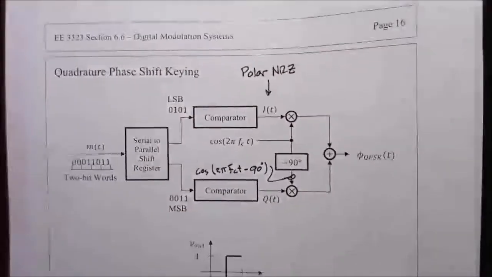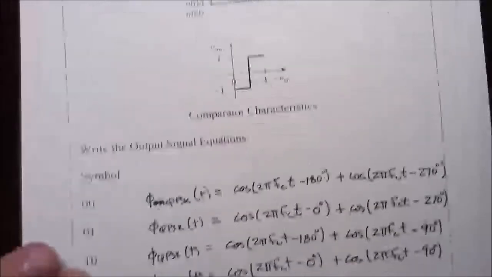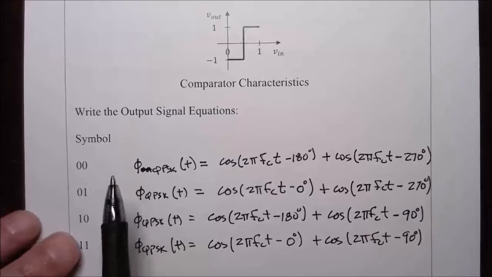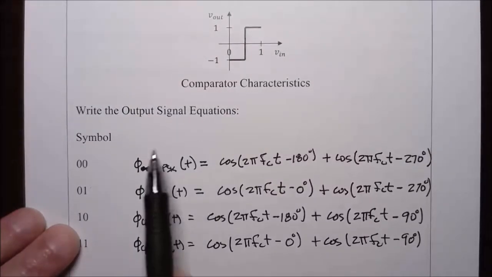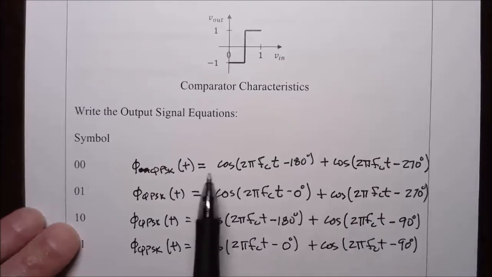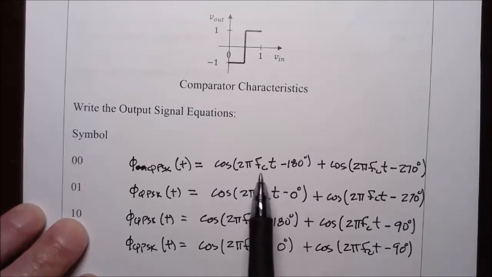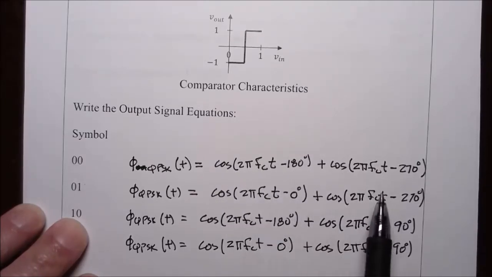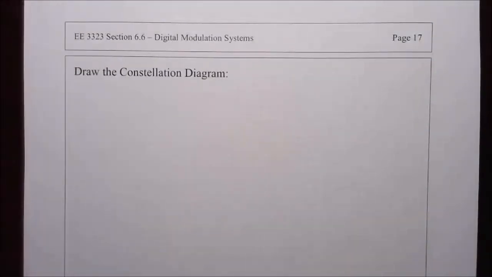Now I want to draw the constellation diagram for this quadrature phase shift keyed signal. So I need to draw the point in the constellation diagram for each one of these signals, and the way we're going to do that is we'll represent each one of these cosines as phasors, and then draw the corresponding point on the complex plane.